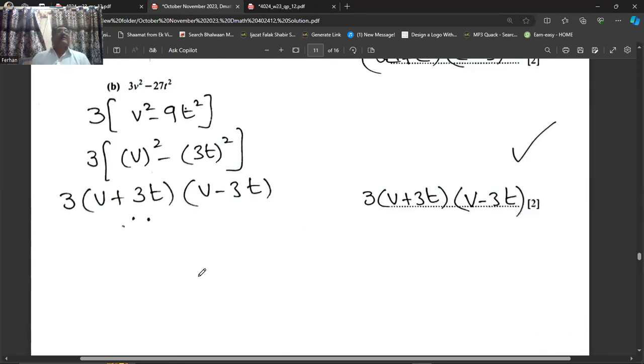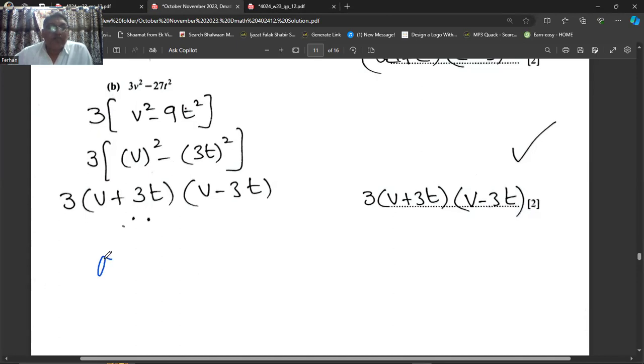So I will apply the formula of the difference of two squares, and remember this formula: a square minus b square equals a plus b, a minus b. So it is v square minus 3t square, so it will become v plus 3t, v minus 3t. So this is how you do it.